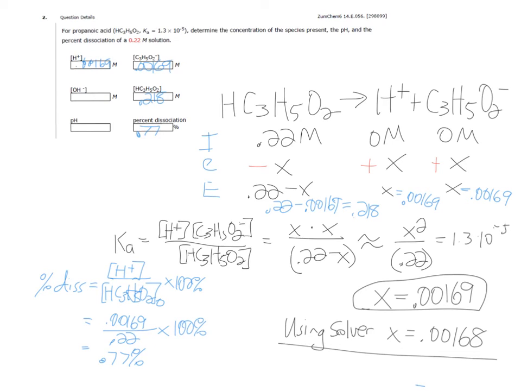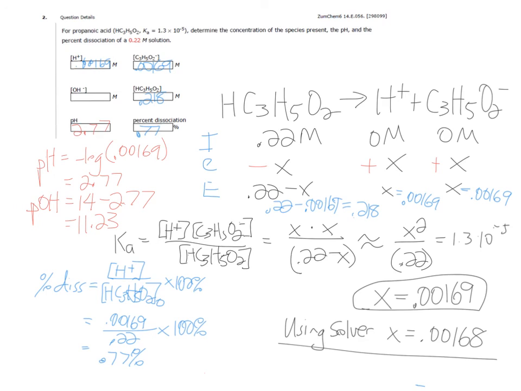Well, we know the concentration of hydrogen, and we can calculate pH by simply taking the negative log of that number. So negative log of 0.00169 gives us 2.77. That's our pH. The hydroxide concentration we can find from the pOH, and we can get that by subtracting 2.77 from 14, and we get 11.23.